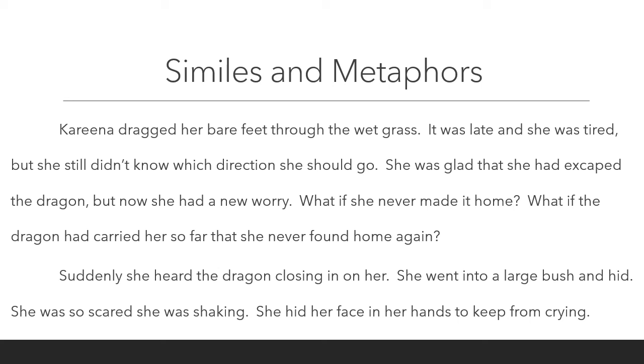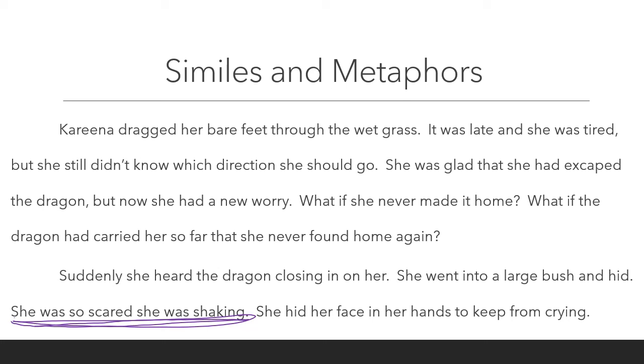Ooh, I already know what sentence I want to add, a simile or metaphor. I want to show how she was shaking. Okay, so she's so scared she was shaking. I want to compare her shaking to something that sounds scary. She was shaking like a leaf. Oh, that's not scary.